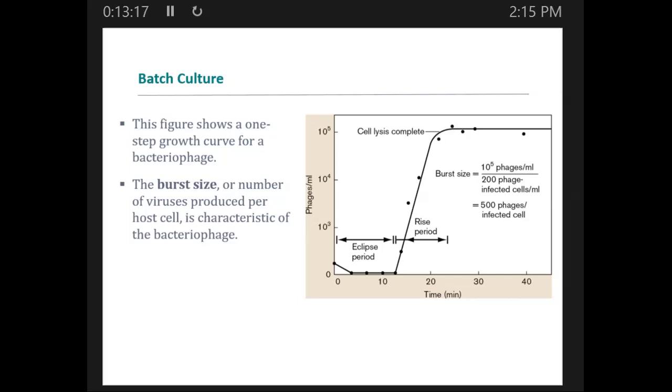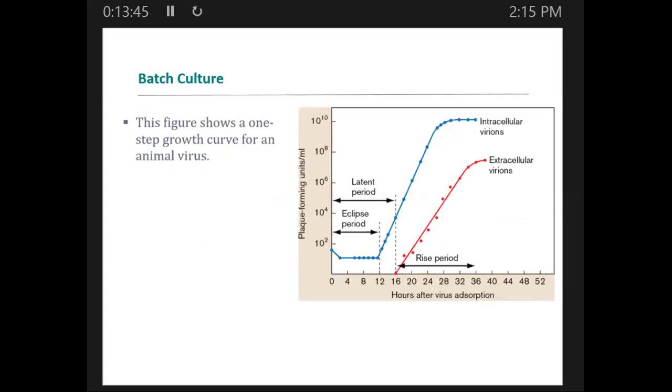And so you can use this information similar to what we do with growing bacteria in a batch culture. And so you can get some good data from this, and that's how they figure out that different viruses will have a different burst size essentially, and it just depends on the virus and the host cell what that number is going to be. So you can characterize that.